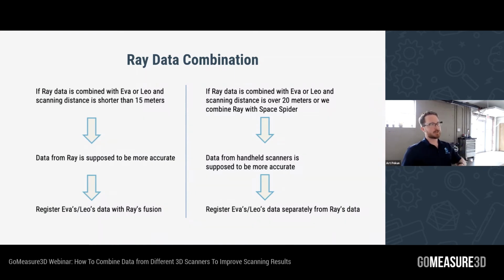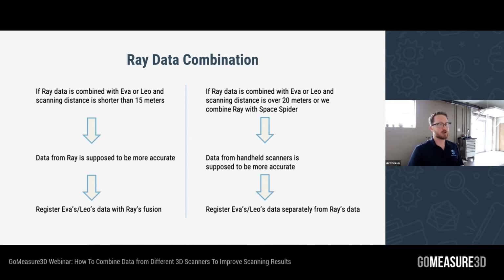And so in that case, the data from the Ray is supposed to be more accurate, and we would take the Ray data and lock that and register the Leo data to it.